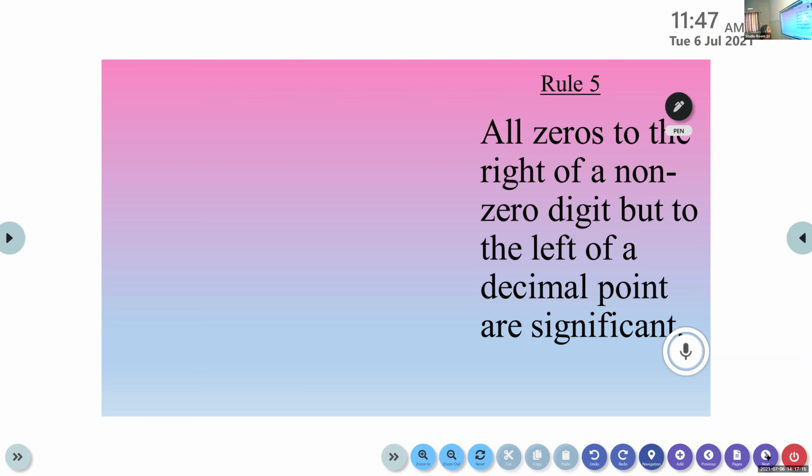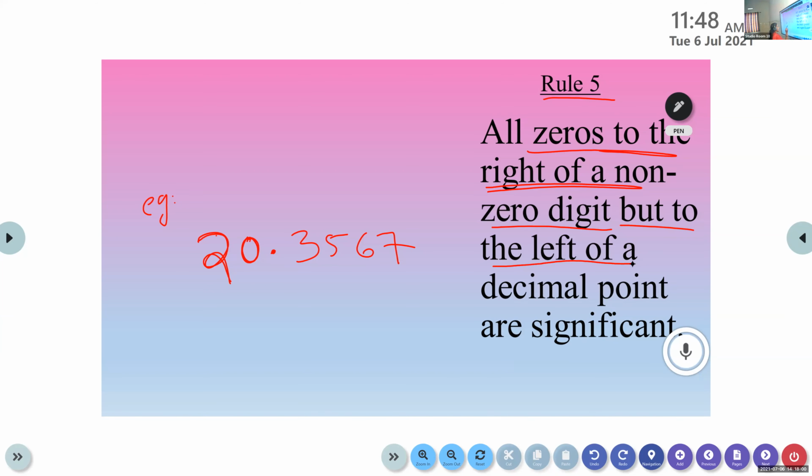Here this 2 is the non-zero digit and this 0 is right of this non-zero digit and left of the decimal point, so it is significant.